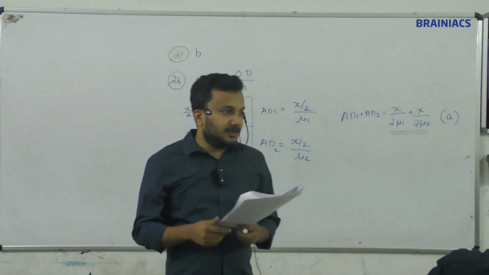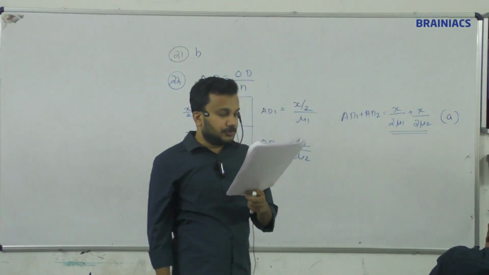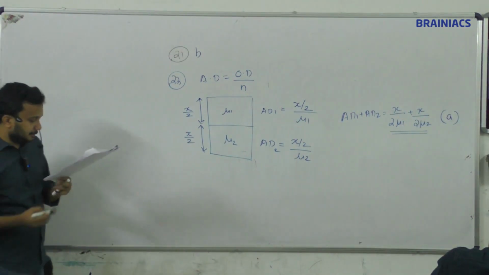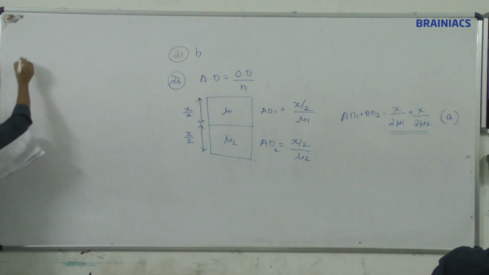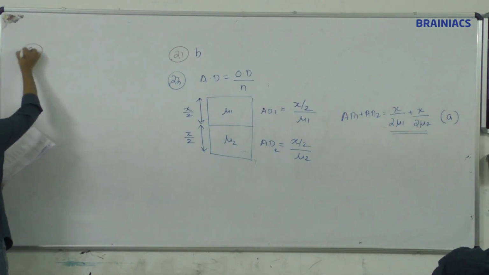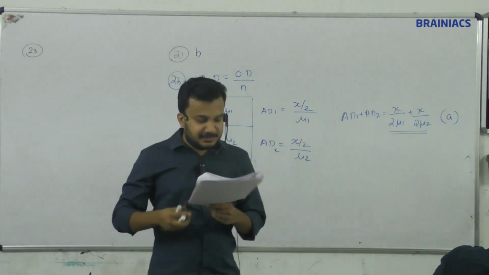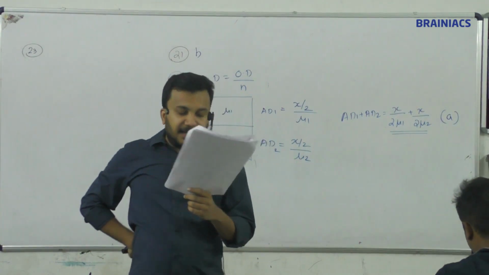Question number 23. The following figure shows refractions of light at the interface of three media. What is the correct order of optical density, with the highest optical density medium first?